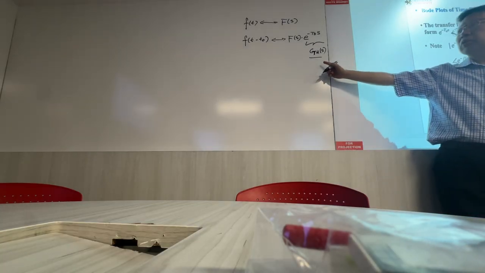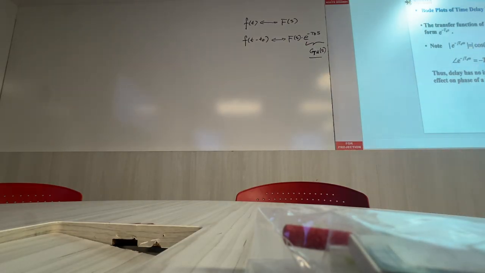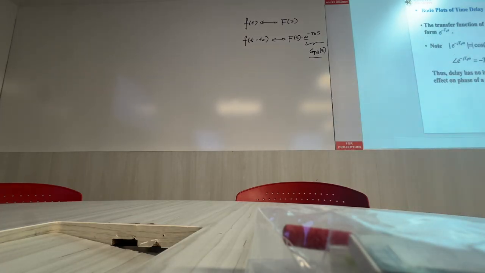So we look at the magnitude: we take its norm, replace s by j omega, and use Euler's formula, and you get this. The norm of this is 1. So what it means is that this contributes 0 dB to our Bode plot. So in the Bode plot, if there is a time delay, there is 0 dB for all frequencies.